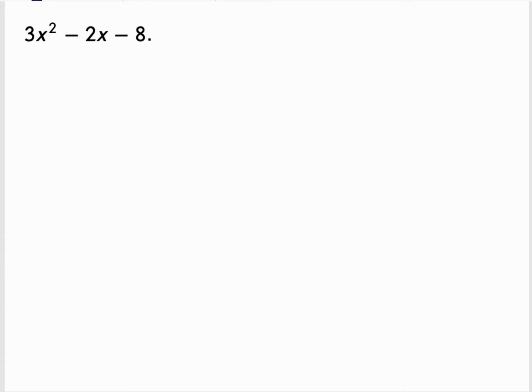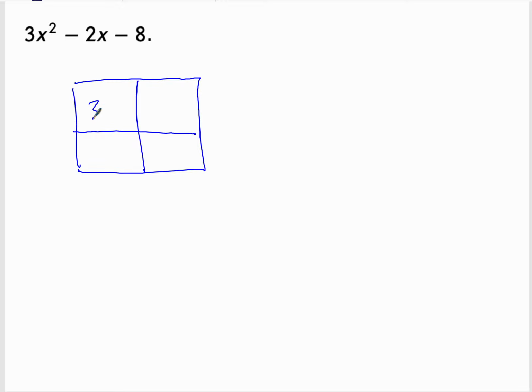All right, let's just roll through a couple more of these just to get used to doing this factoring. So 3 times negative 8 is negative 24. That's going to be the number that I need to factor. So 3x squared minus, oops, put it in the wrong place, minus 8.